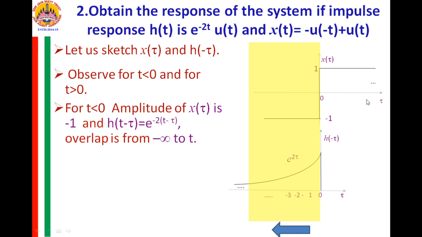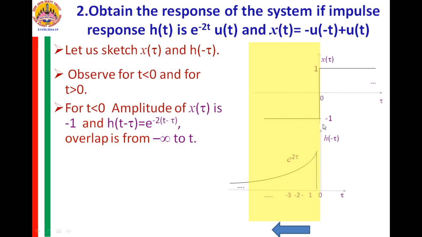The amplitude of h of t minus tau is e raised to minus 2 times t minus tau, and that of x of tau in this range, up to t equal to 0, you observe is minus 1.